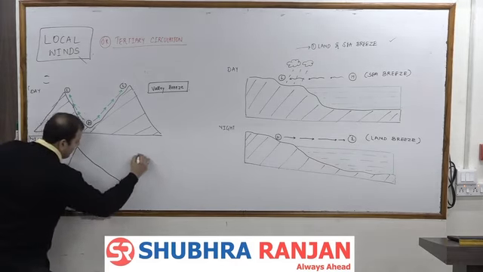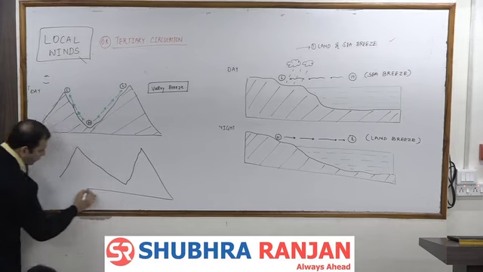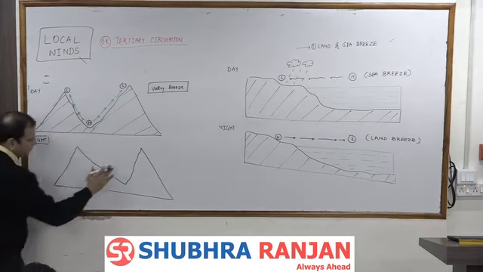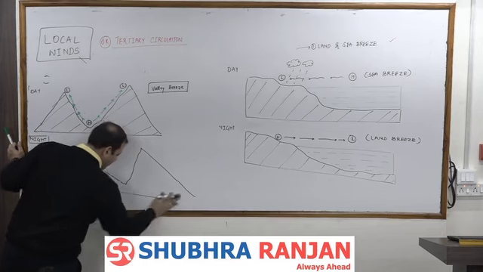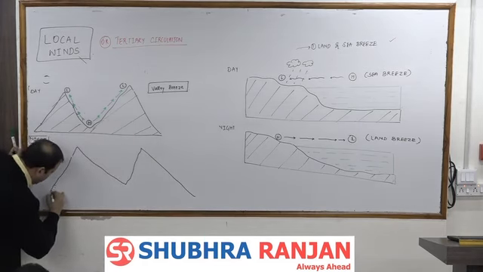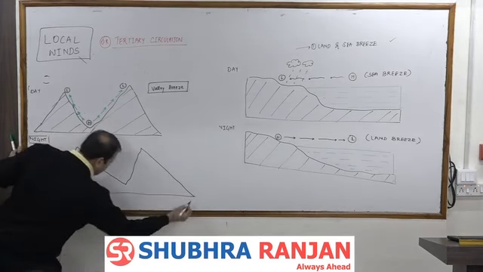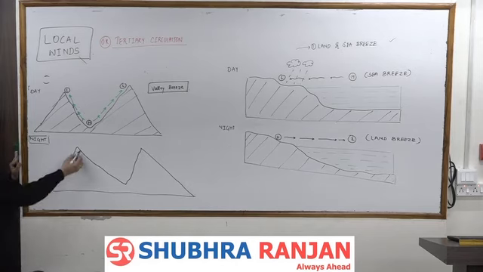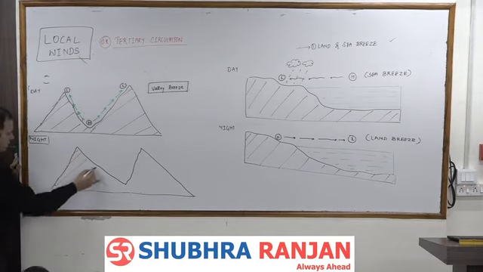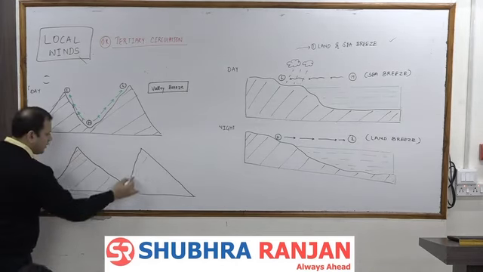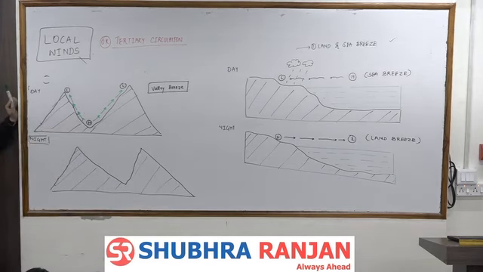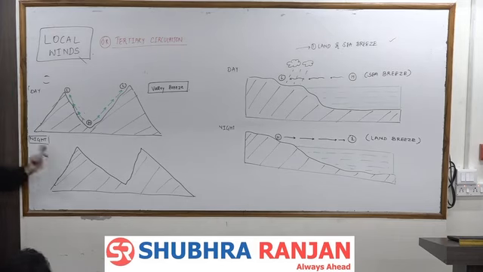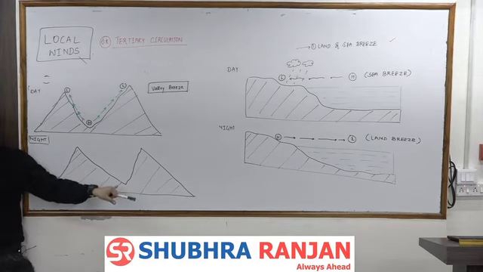During the night time, the upper slopes will lose the heat quickly to the surroundings. Yesterday someone had asked me, why is it so? Why will the upper part become colder as compared to the lower part?